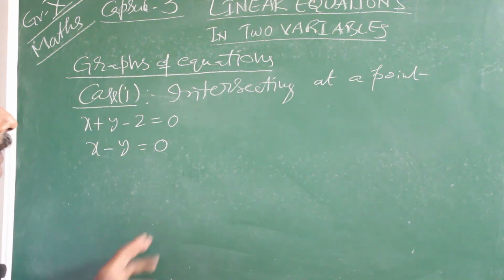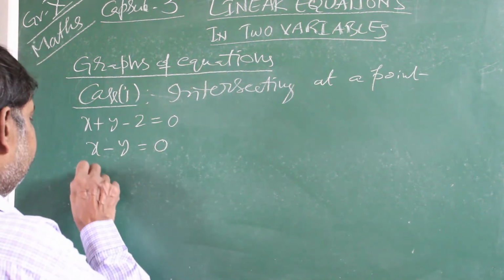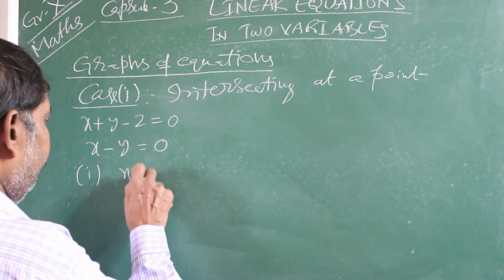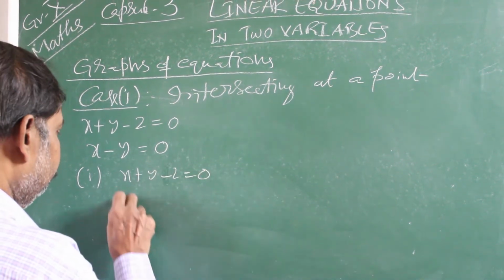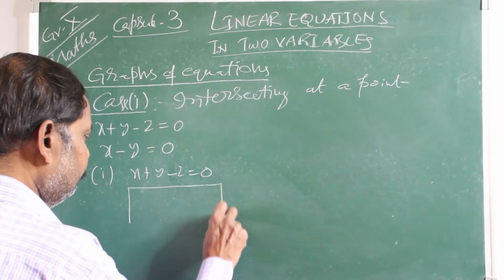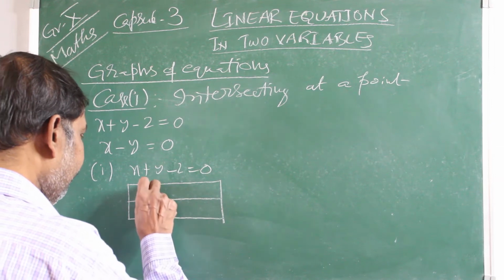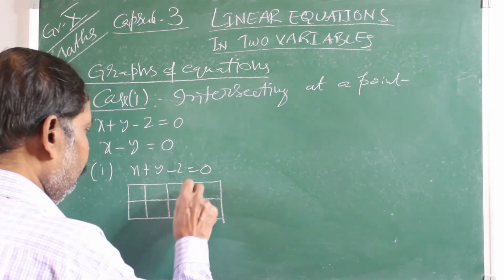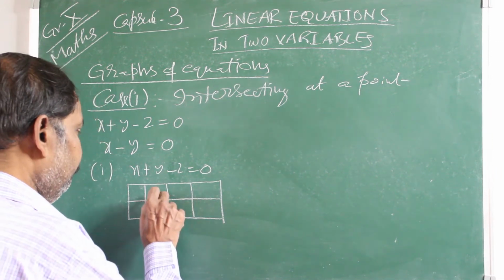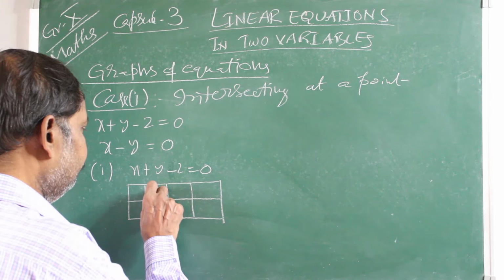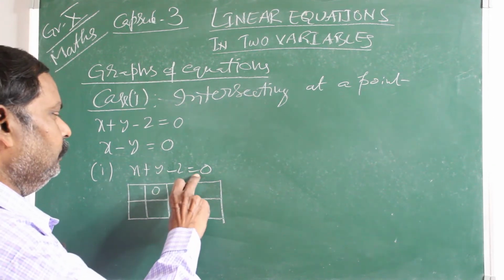I will prepare a table and I will give the graph. Let us see the solution of this. The first one is x plus y minus 2 is equal to 0. Prepare a table. To plot a straight line, we need to take at least 2 points, or you can take more also. If x is equal to 0, then y minus 2 is equal to 0.